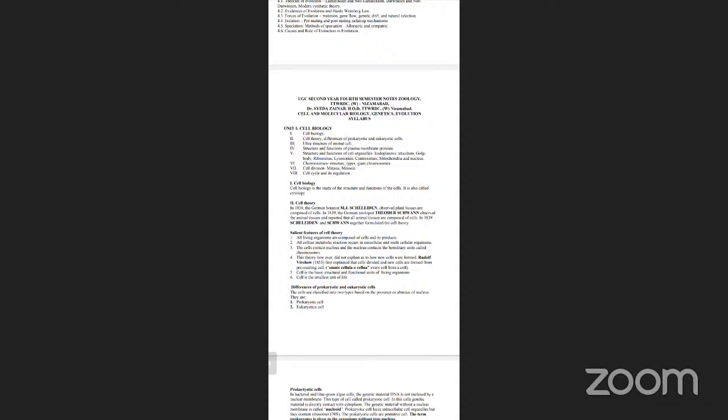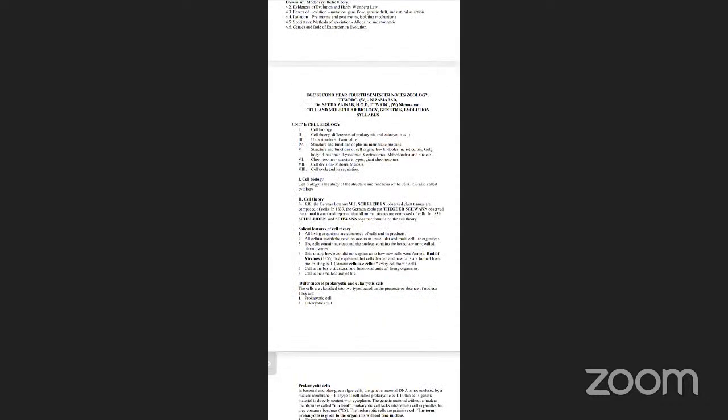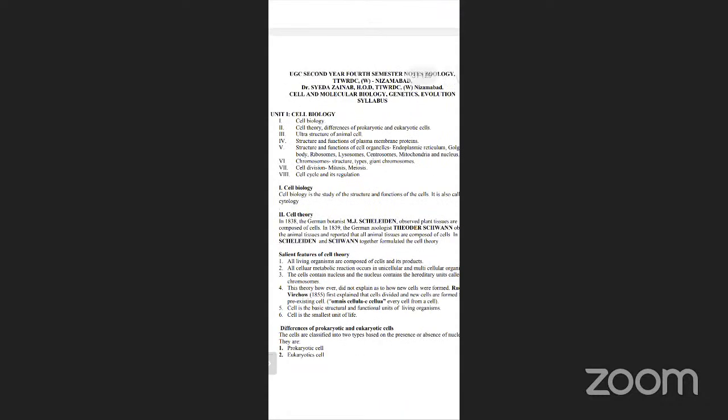Under this subject, we study the structural aspects as well as the functional aspects of the cell.